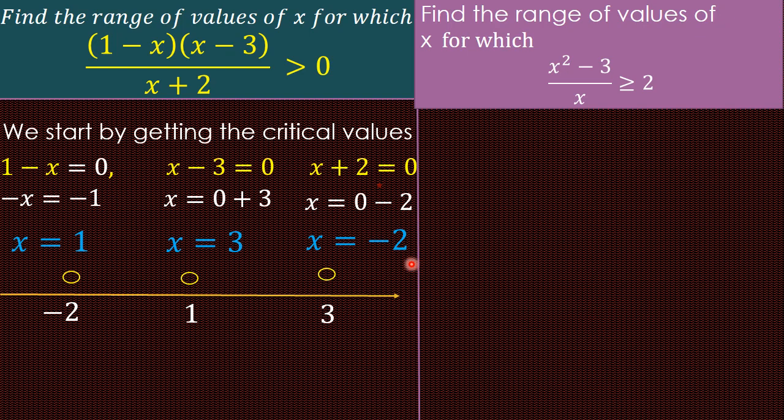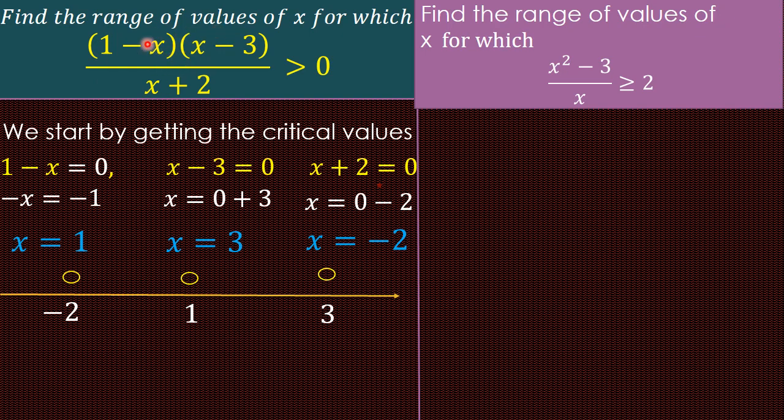To know which of the ranges we are interested in, we simply test. We can pick the easiest number, let's take 0. Which region is 0 found in? You can see that 0 is found between negative 2 and 1. So let's take 0, which is between negative 2 and 1, and put it into this inequality.